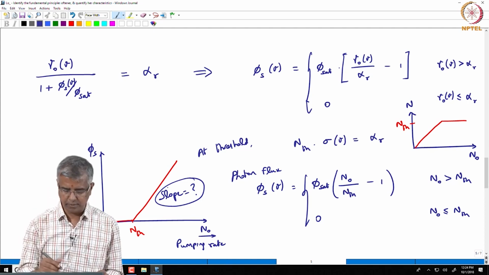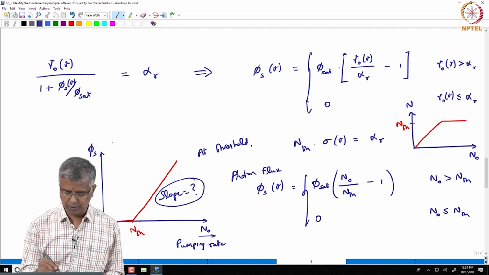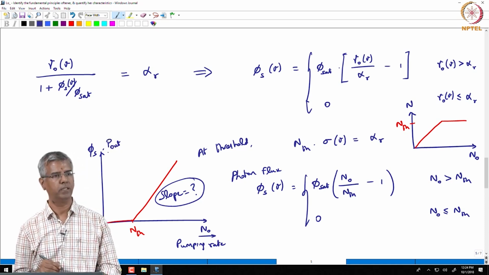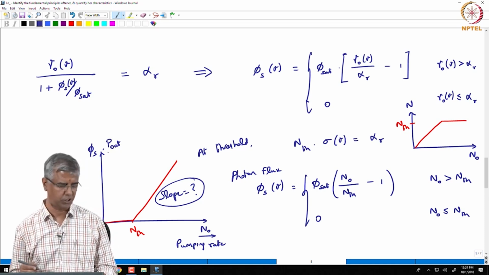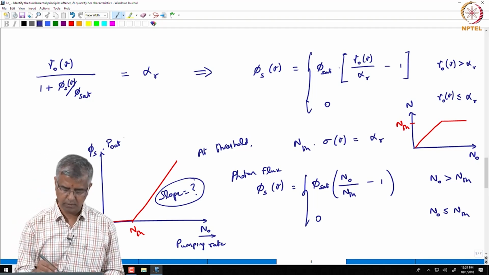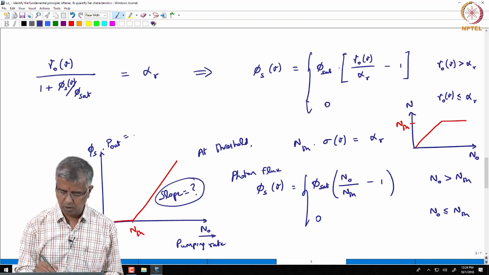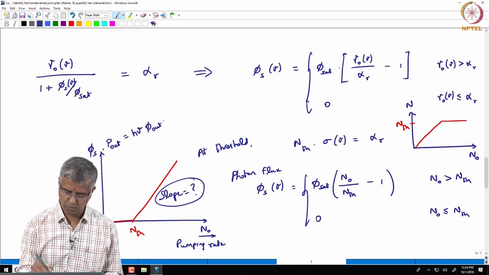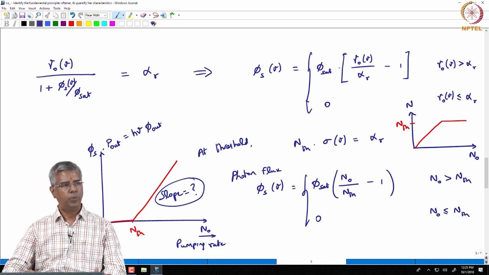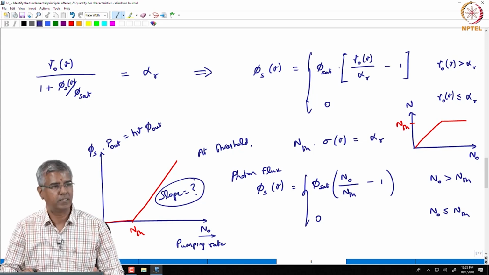So, we said this could be looked at as phi s, or you could also look at it in terms of the output power as a function of the input pump power, and this output power will be given by h nu multiplied by the output signal flux.